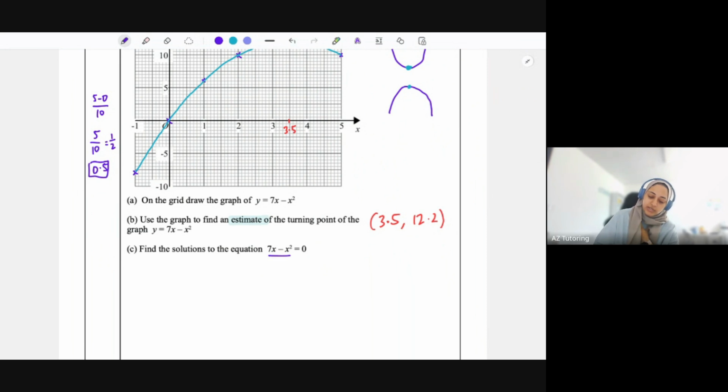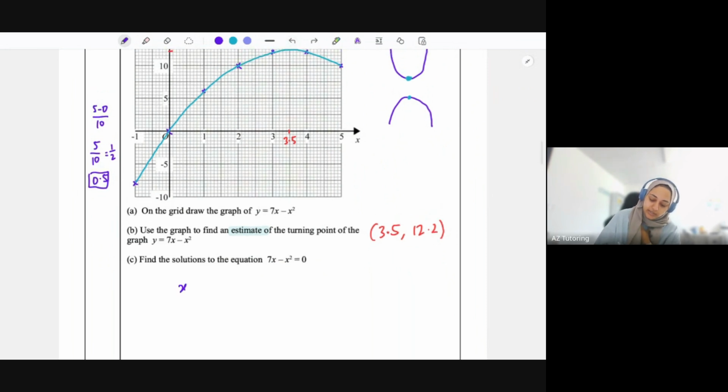We can factorize that. So we can pull an x out, just like so, and start factorizing. x times something gives me 7x, that's 7. Then minus x, because x times minus x is minus x squared, that equals 0. So what this is saying is you've got two numbers, so the x and 7 minus x, them two numbers are timesing to equal 0, and one of them numbers have to be 0.